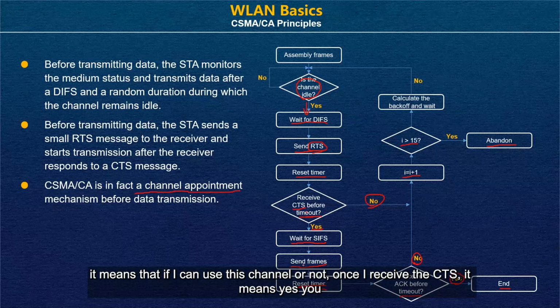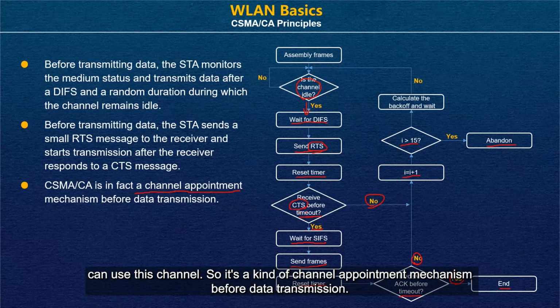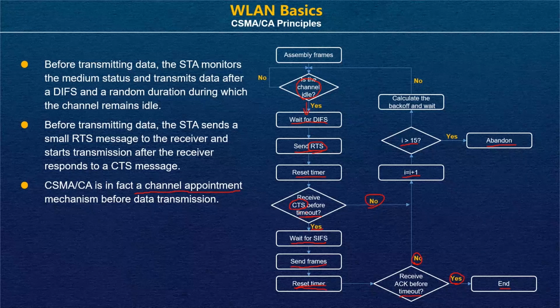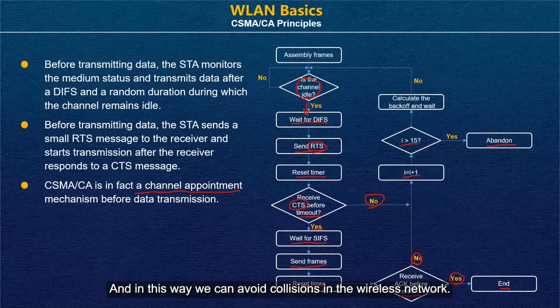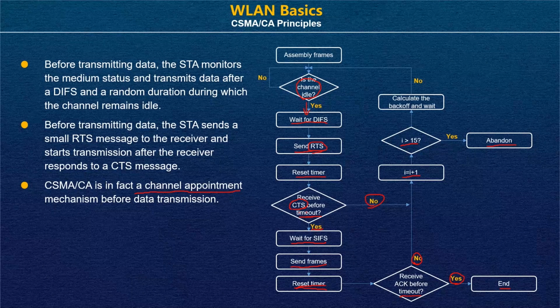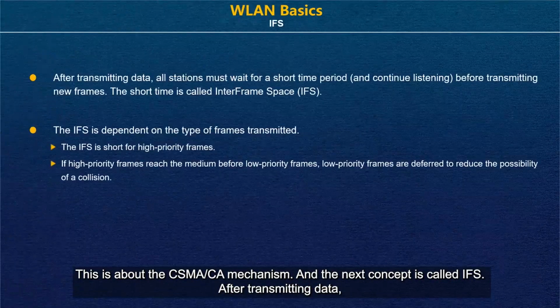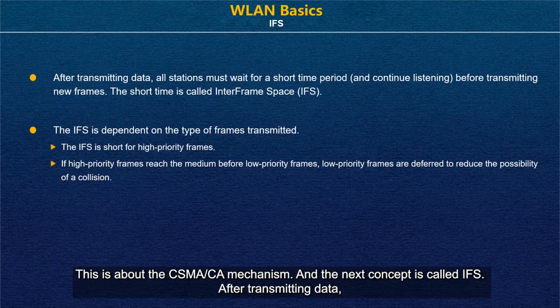Once I receive the CTS, it means yes, you can use this channel. So it's a kind of channel appointment mechanism before data transmission. And in this way, we can avoid collisions in the wireless network. Okay, this is about the CSMA CA mechanism.